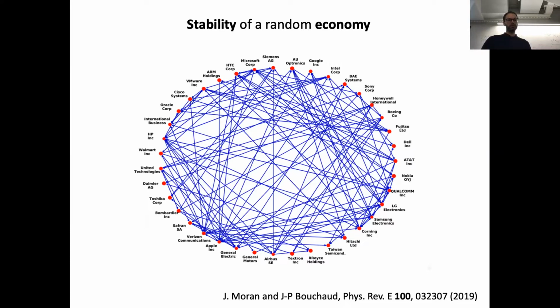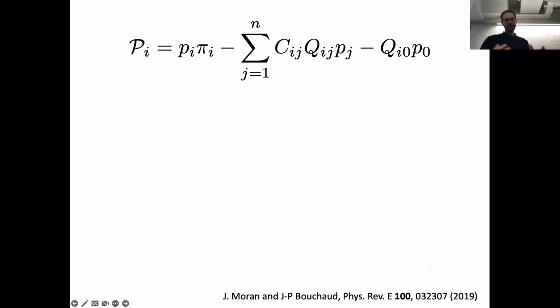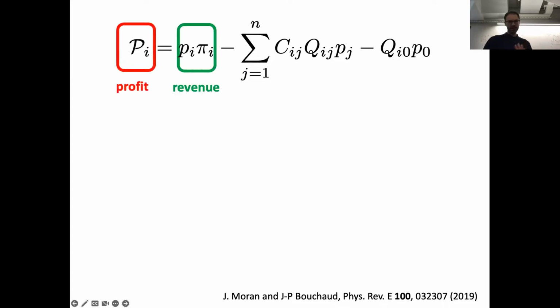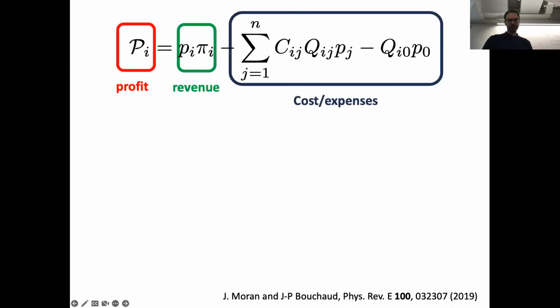This is out of my expertise, but I can understand the model. It's based on a balance equation for profit. The profit of a firm is its revenue minus expenses, basically.